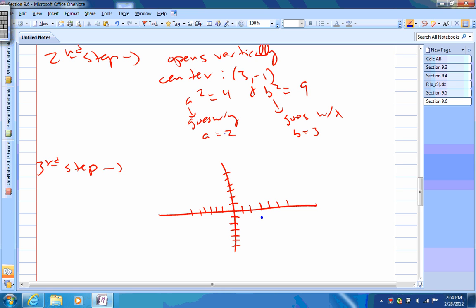Now A is 2 and it goes with y, so I have to go up 2 and down 2. B goes with x, so I'm going to have to go right 3 and left 3. Make your box.